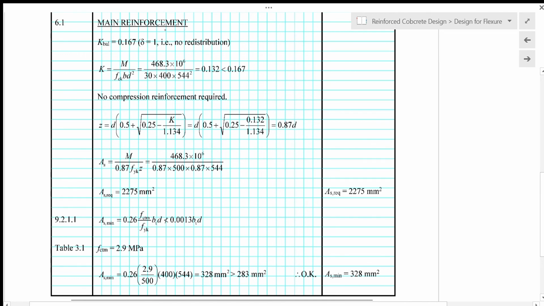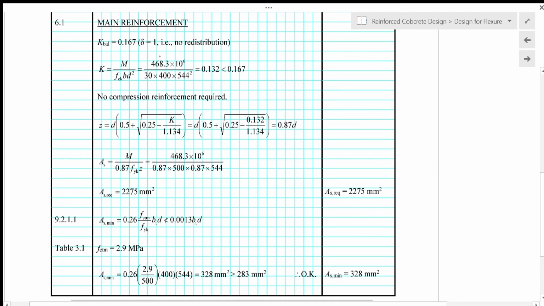0.167. So the first step of design is to calculate the value of K, which is M over fck b d squared. So the moment M is 468.3 kNm, and we convert it accordingly to the units that we're using, which is Newton and millimeter.